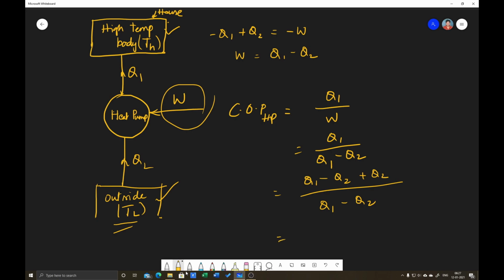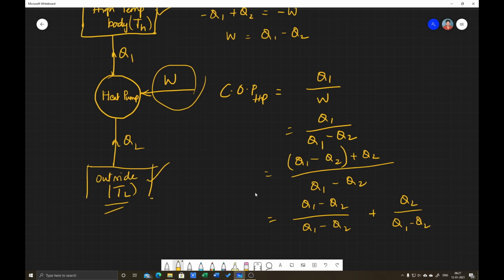If you take this separately, it is Q1 minus Q2 by Q1 minus Q2, plus Q2 by Q1 minus Q2.